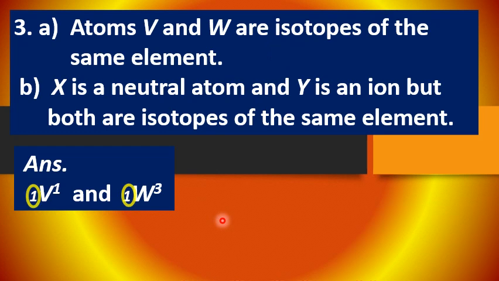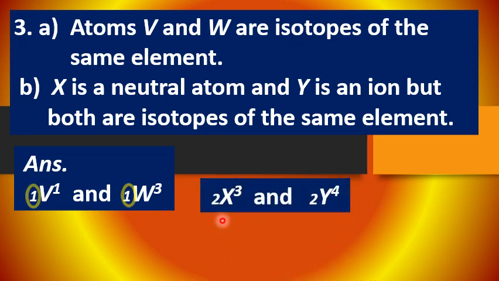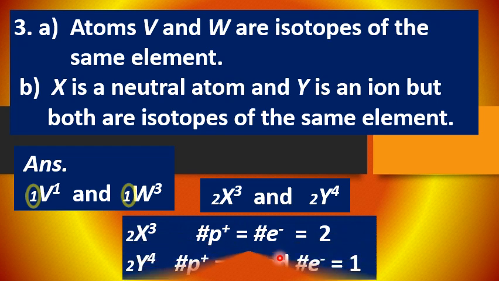Now for statement letter B, let's inspect. The chemical symbols for atom X and atom Y are also written here. And we say that both atoms X and Y also have the same atomic number, which is Z equals 2.